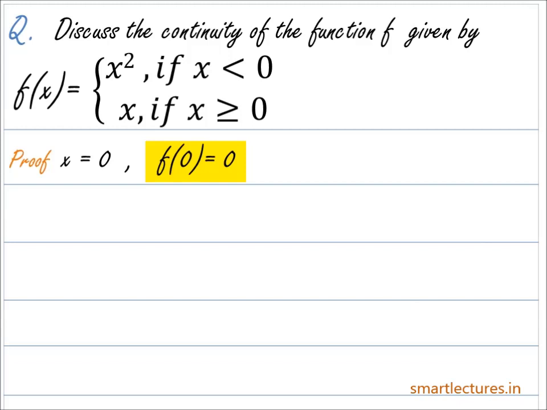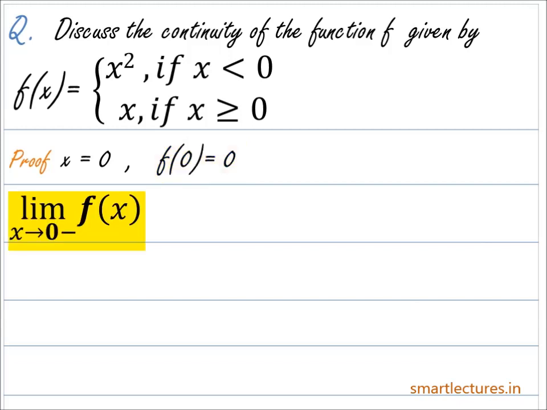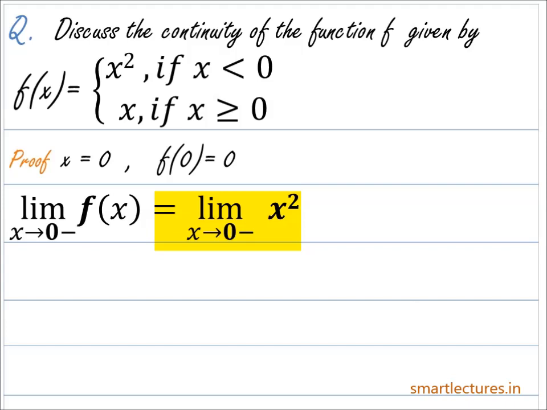Now its left hand limit, or limit x approaches 0 from the left hand side, f of x is equal to limit x approaches 0 from the left hand side, and the value of f of x is x square if x is less than 0. So the limit becomes limit x approaches 0 from the left hand side, x square equal to 0 square, which is equal to 0.